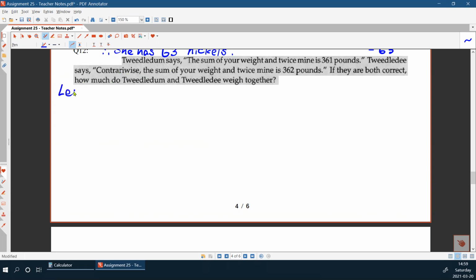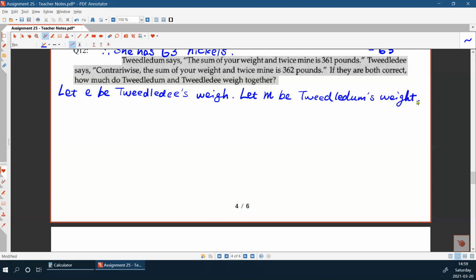We can let E be Tweedledee's weight. This is the first unknown quantity. And the second one, we can use the letter M to be Tweedledum's weight.